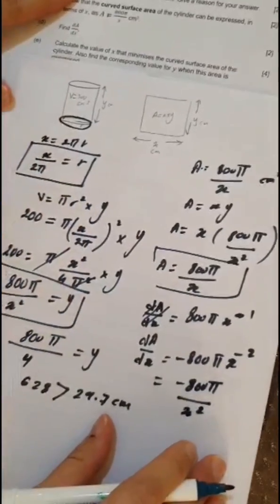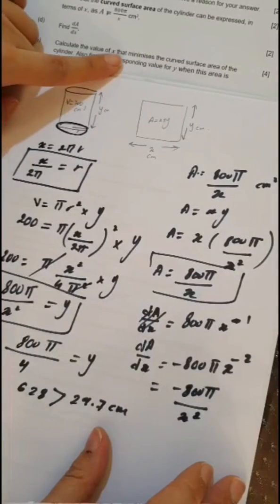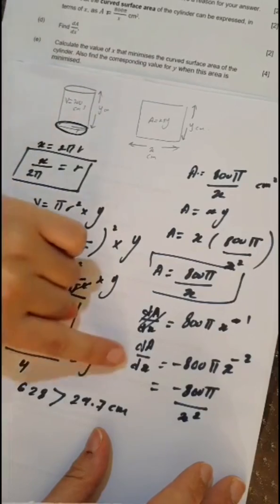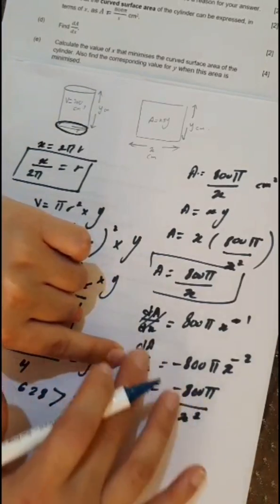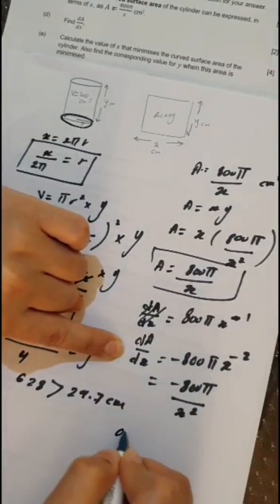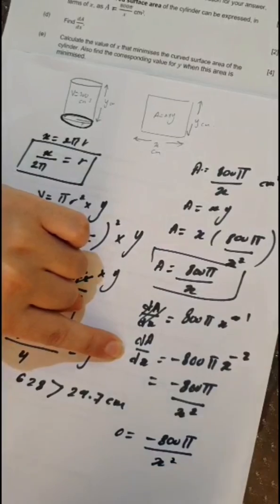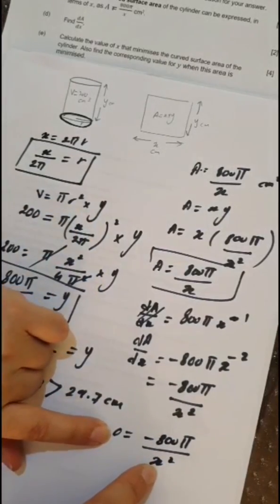In the next part also, they want me to calculate the value of x that minimizes the curved surface area of the cylinder. If I want to minimize this one, I need to put the derivative of the area equal to 0. So in this case, I'm going to say 0 equal to -800π over x squared. But to get this means x equal to 0, while x can't equal 0.